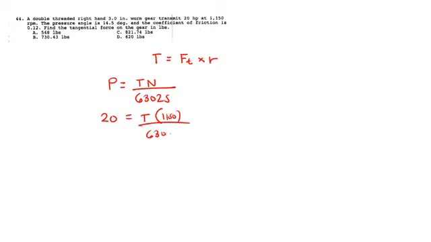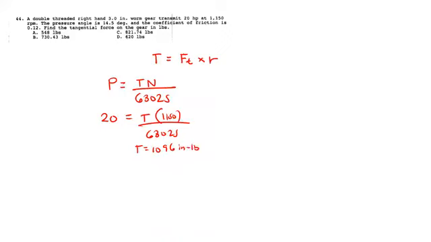So sa 44 guys, so torque is equals to tangential force times radius. So sa power makukuha natin yung torque, so T times N over factor na 63,025. So ilan yung power? 20 is equals to torque times N 1150 over 63,025. So makuha natin torque dito is 1,096 inch-pounds.